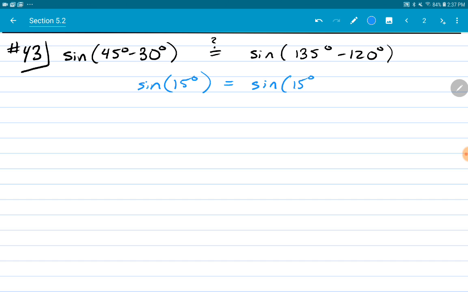So this exercise is to show that either method you use, you should get the same results for sine of 15 degrees.